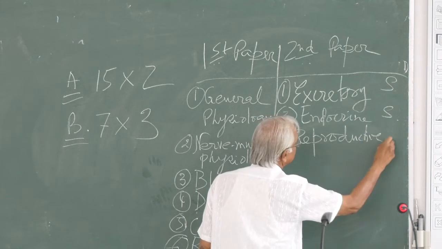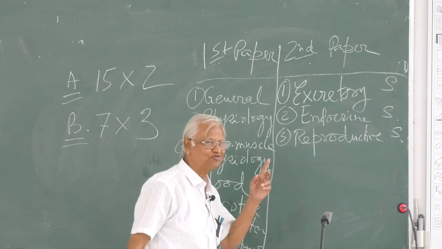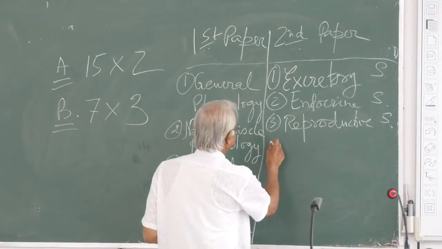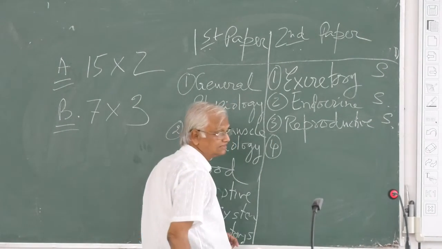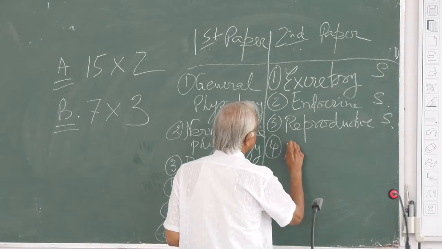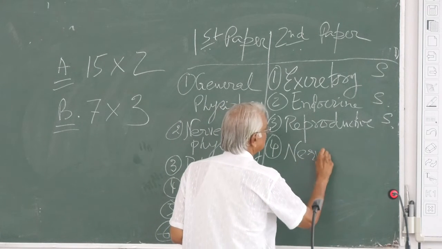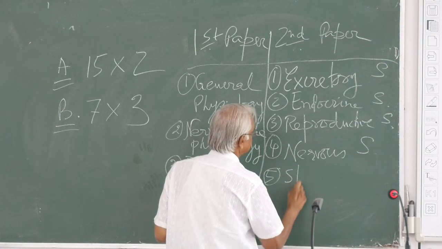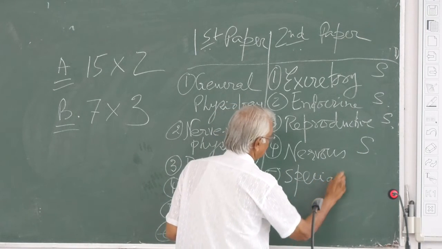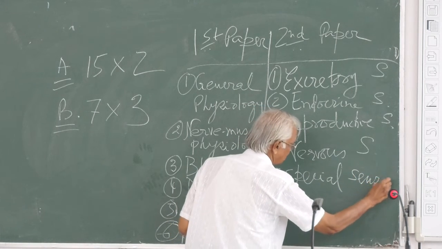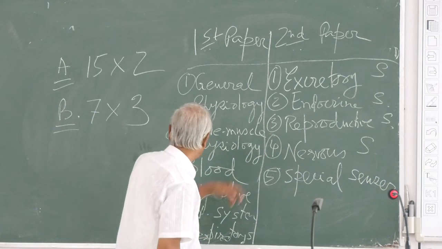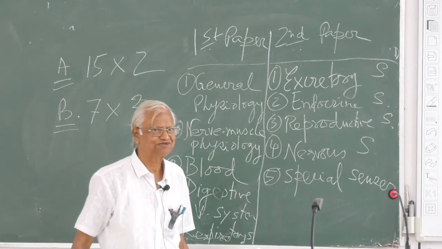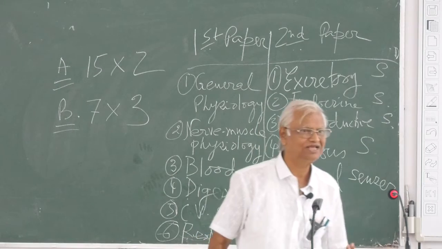I think endocrine is over, isn't it? Then nervous system, and then special senses. These are the six. Anything I left?